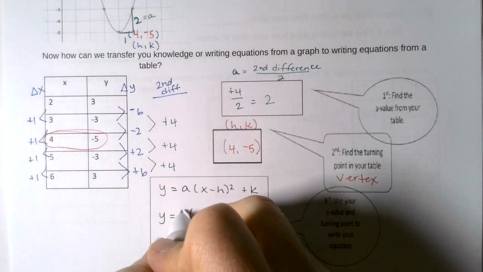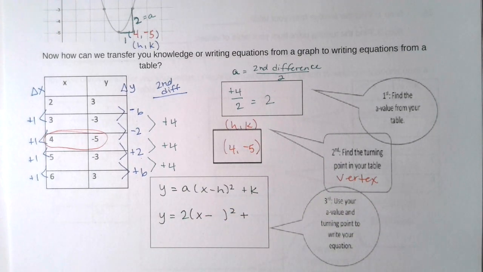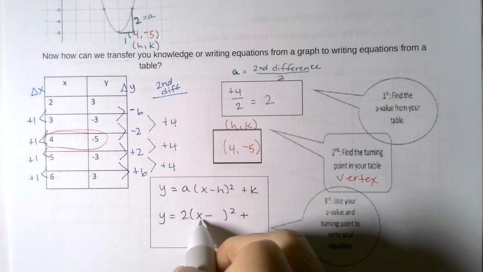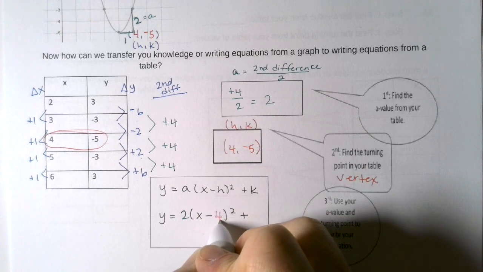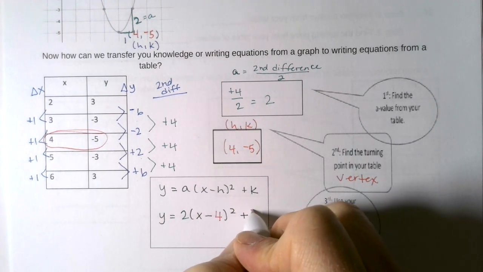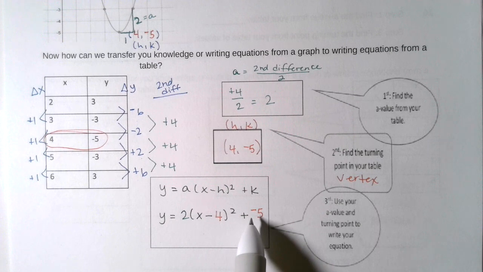Our a value is 2, so we plug that in where the a goes. Our h value is 4, so it's x minus h, so it's x minus 4, and then plus k, which is -5.